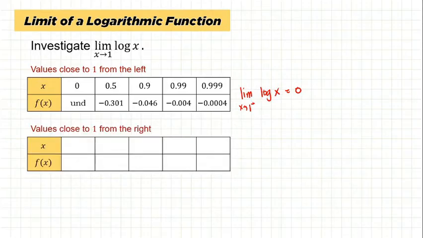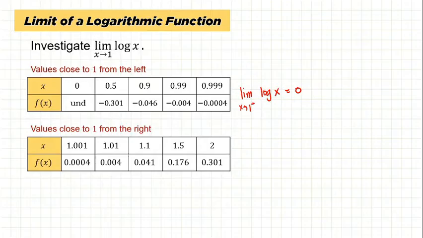I consider the following values: 2, 1.5, 1.1, 1.01, and 1.001. So evaluating the function, we will have 0.301, 0.176, 0.041, 0.004, and 0.0004. As you can see, as x approaches 1 from the right, the values of the function approach 0.